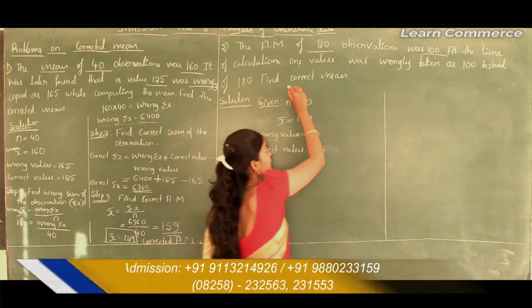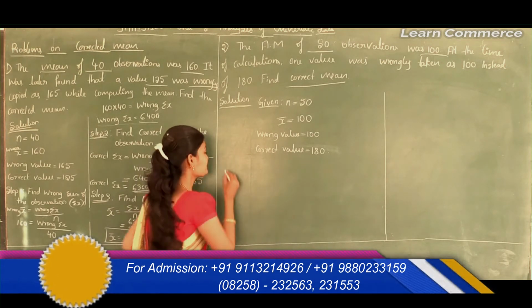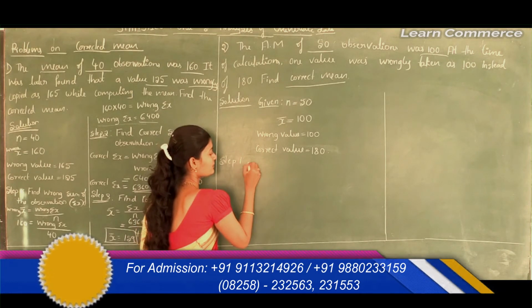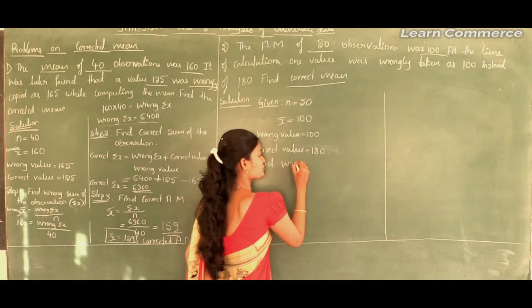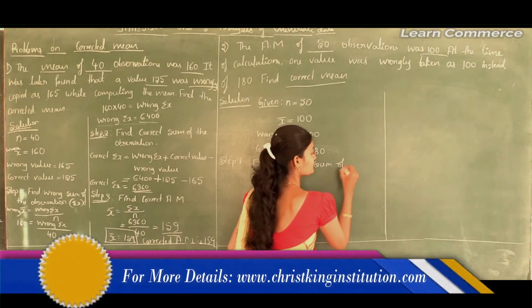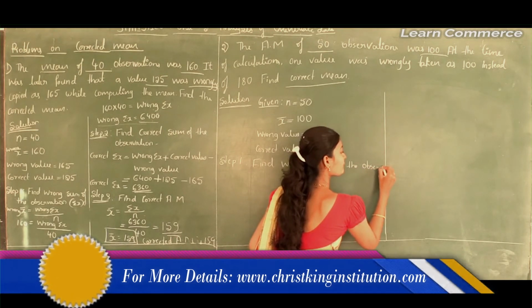To find the correct mean, there are some steps. Step 1 is to find the wrong sum of the observations.